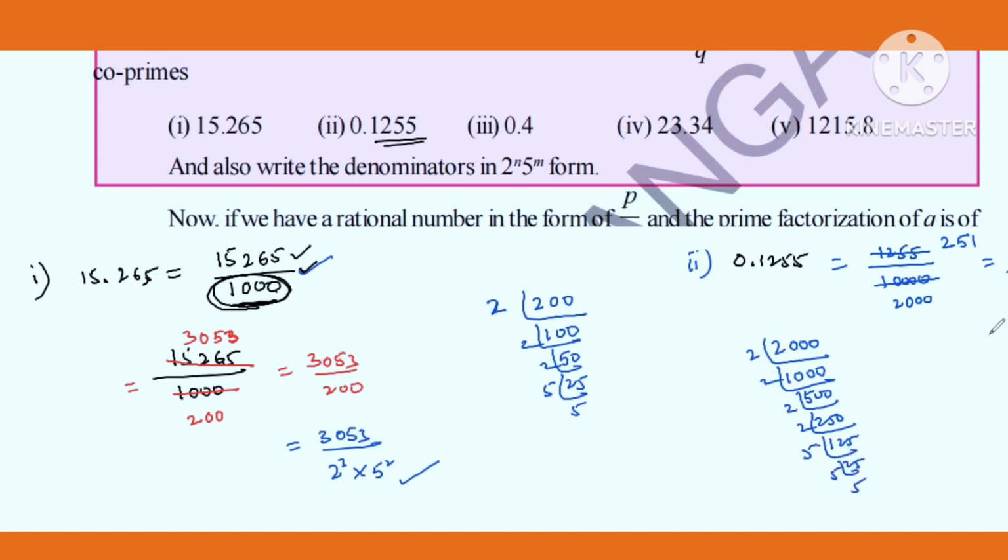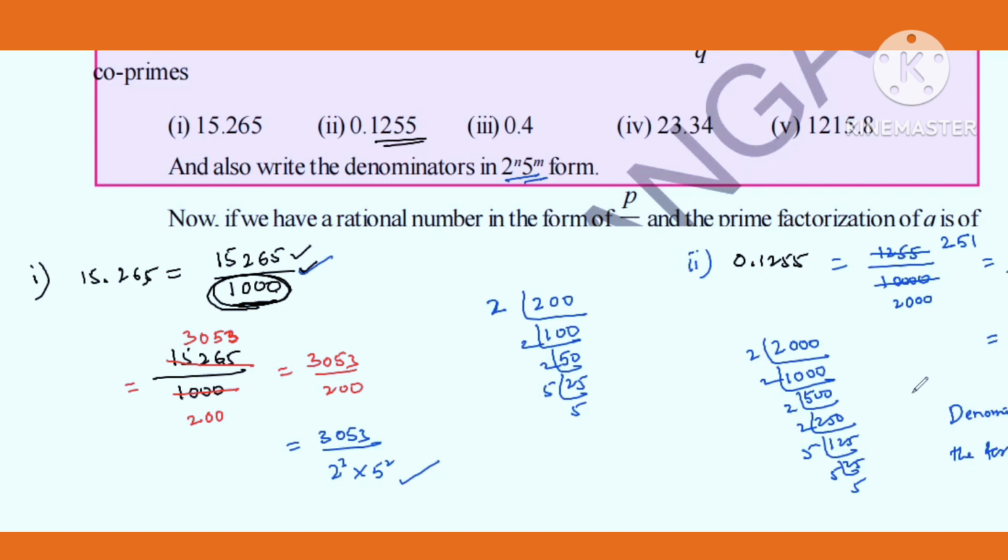Now we got 251 divided by 2 to the power of 4 into 5 to the power of 3. That's all. Now see, the denominator is in the form of 2 power n into 5 power m.